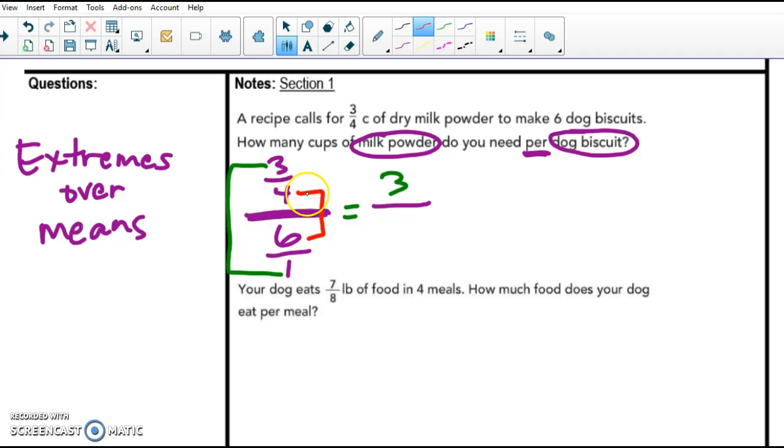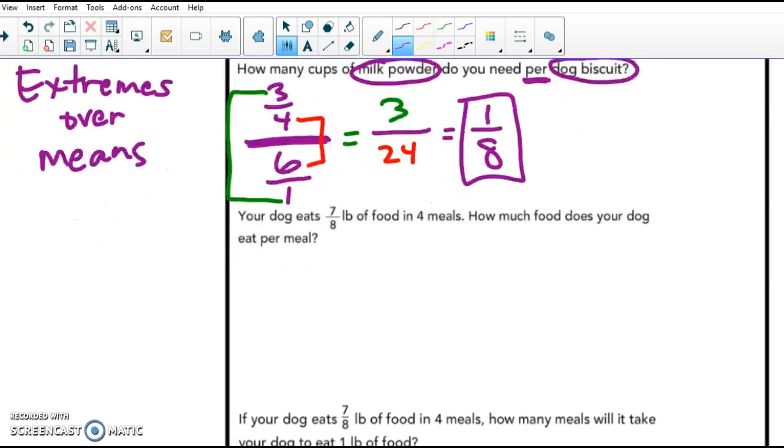So I'm going to multiply these two numbers. 4 times 6 is 24. I've literally taken my extremes and put the product of those over the product of my means. Now I just have a fraction to simplify to lowest terms, which would be 1/8. So I need 1 cup of milk powder per 8 dog biscuits.